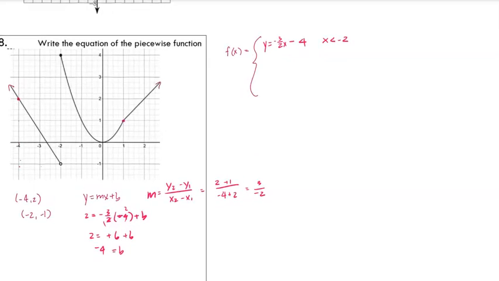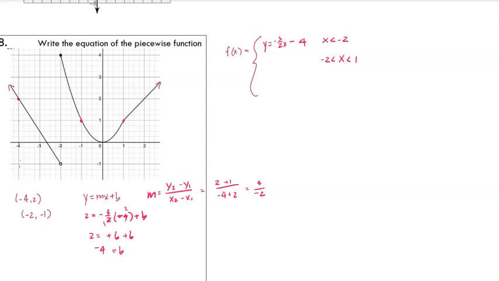The next looks like a parabola, and that goes from between negative 2, and I can put the closed circle there, and 1. It doesn't look like a equals 1. Let me check.